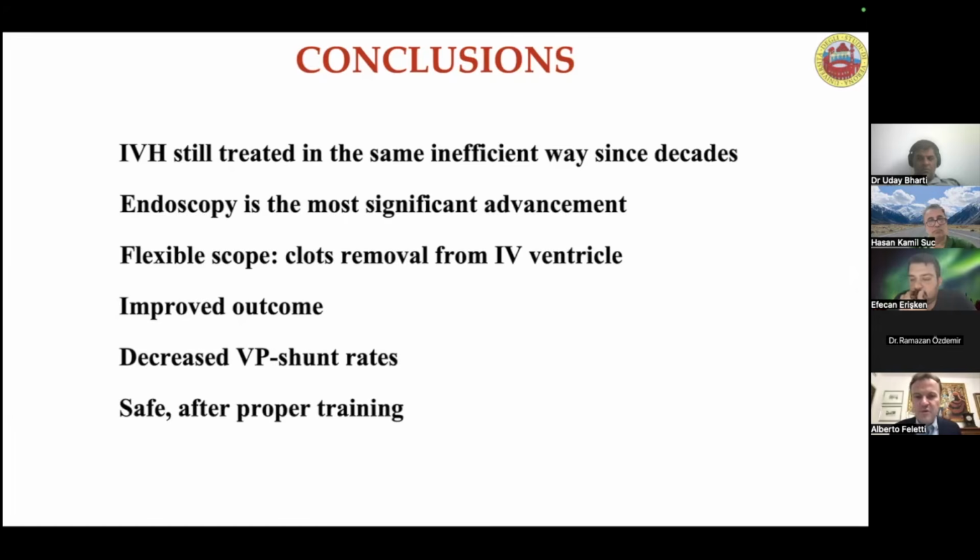As I said, of course, it's not the first neuroendoscopic operation I recommend young neurosurgeons to perform. You need a training. There is a learning curve. This is, I believe, at the last stages of the learning curve, especially because you have to navigate all the ventricular system and because the vision is not clear due to blood clots.